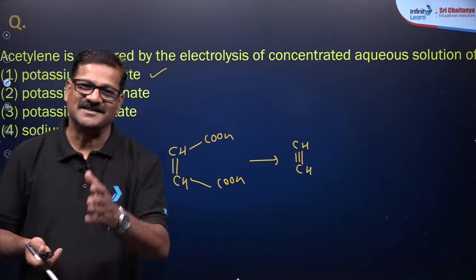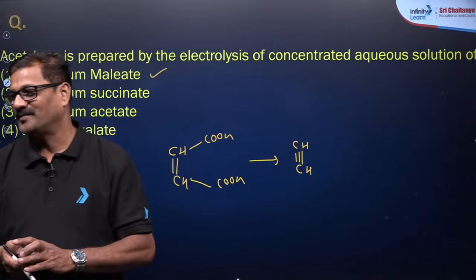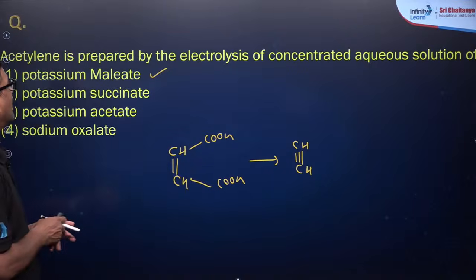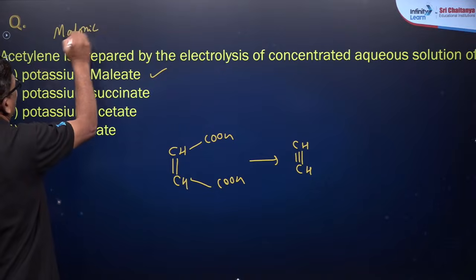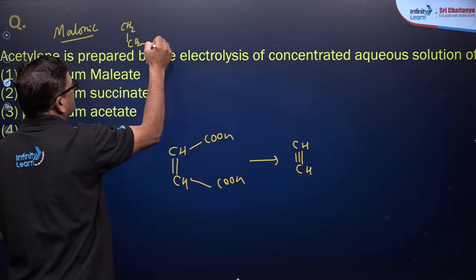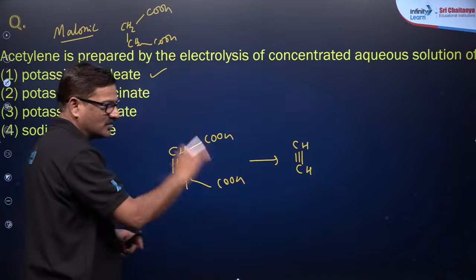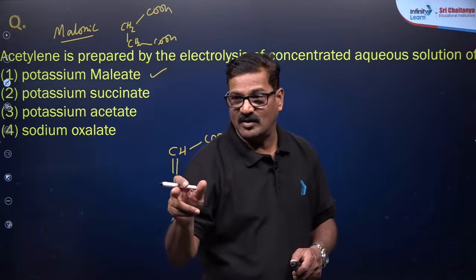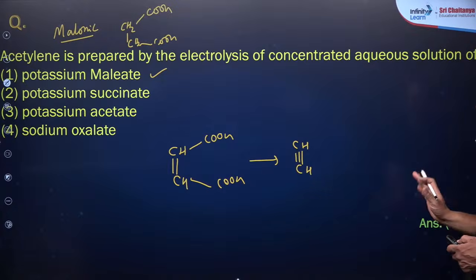You might have seen maleic acid, fumaric acid in the Krebs cycle in your botany, right? Malonic acid is different, beta, that is CH2, COOH and COOH. We are not using it; maleic acid is different, malonic acid is different. And so the answer is 1.